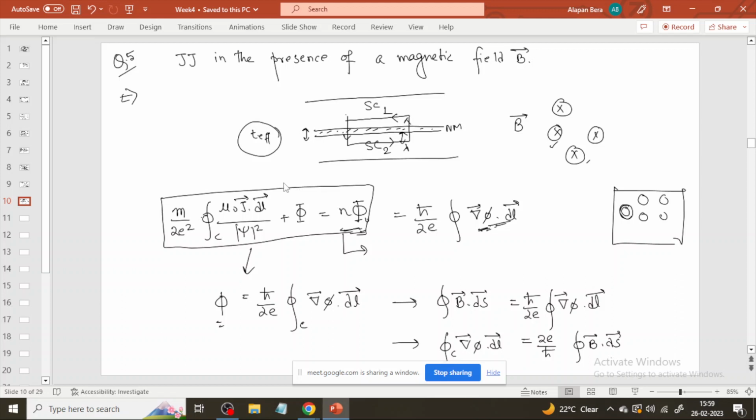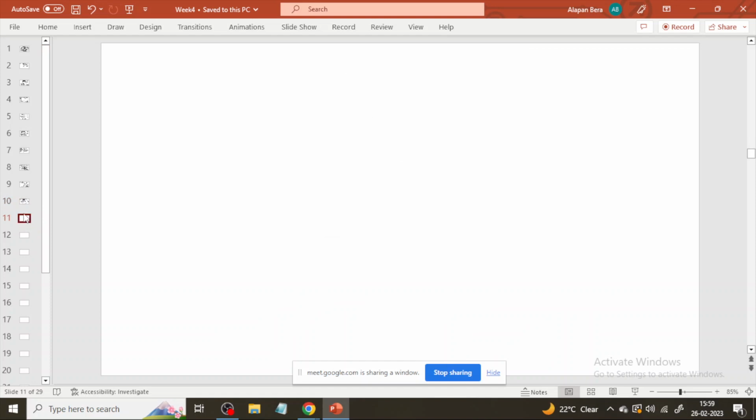Now let's name this path A, B, C, D. Over the AB region and the CD region, the phase is constant.